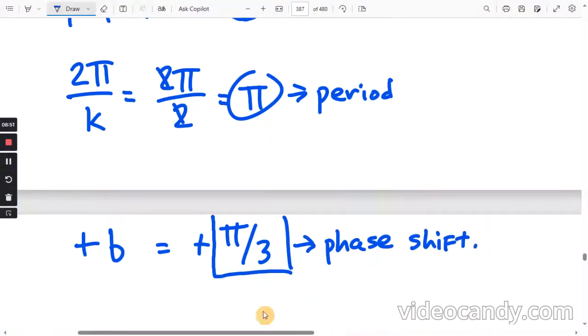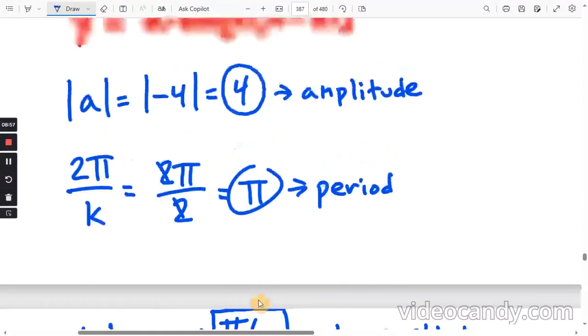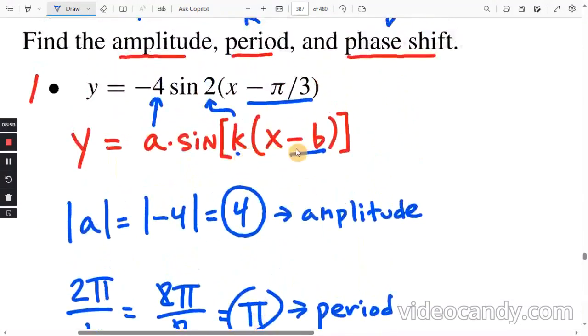So this is just a plus sign here. In order to get your phase shift, this has to be in factored form. In other words, the K has to be factored out with the X by itself. And you will just take whatever's in the parentheses once you factor it out. Once you factor out the K here, you take whatever's in the parentheses and change the plus minus sign.